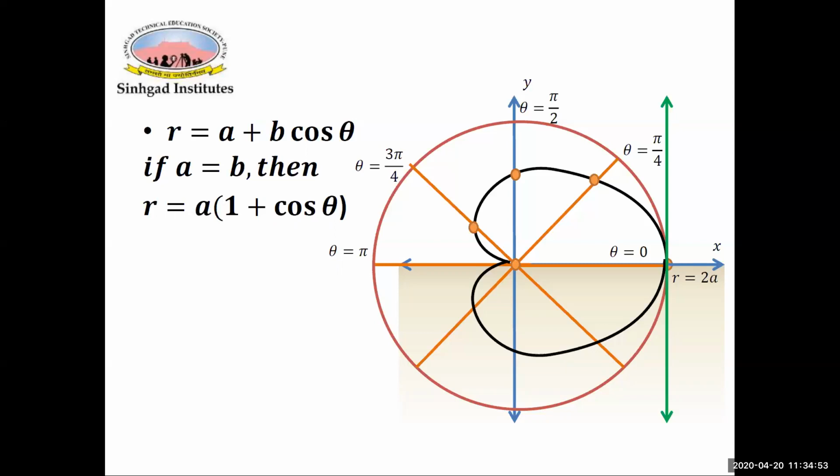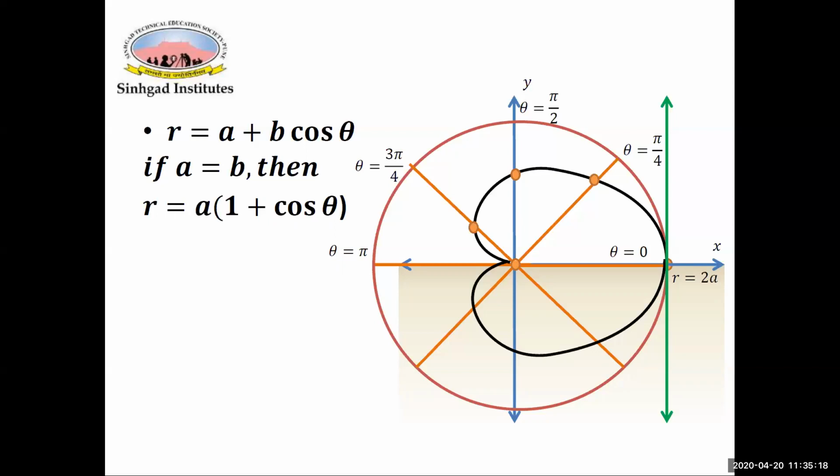So in the first type of polar curves, we have seen the Lemniscate of Bernoulli, r square is equal to a square cos 2 theta, and the cardioid of three types having constants a and b with different cases: a greater than b, a less than b, and a equal to b.